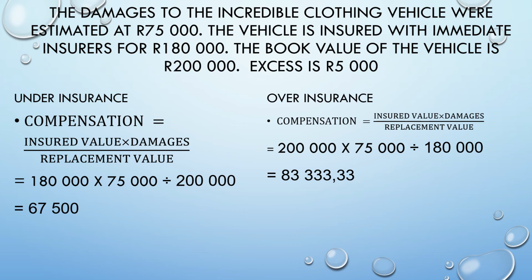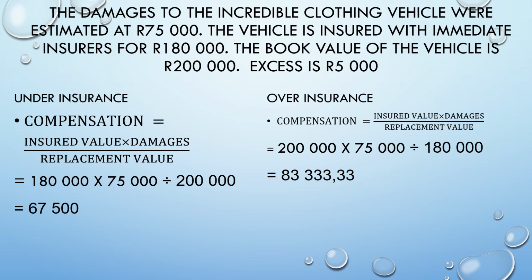Now guys, if you look at that, that compensation amount is much bigger than the replacement amount. So therefore you need to know you've made a mistake and then go back and swap 200,000 and 180,000 Rand around.